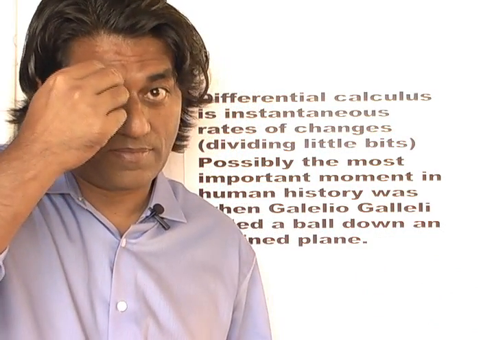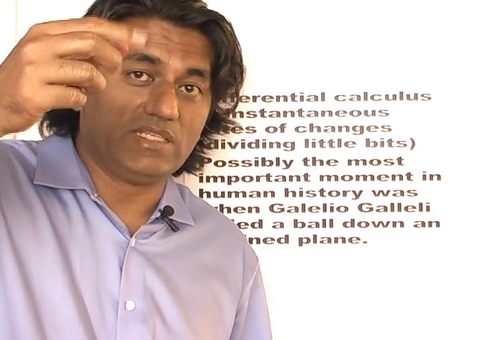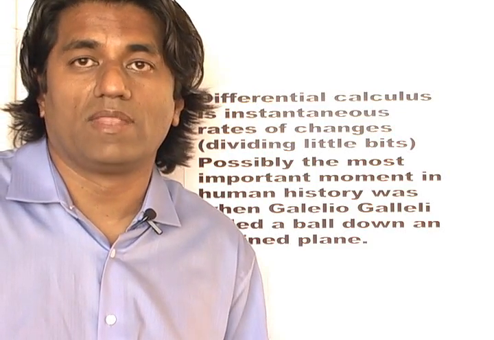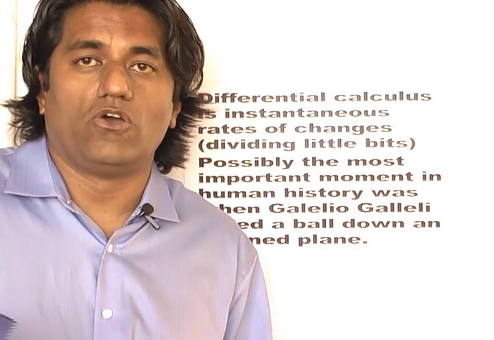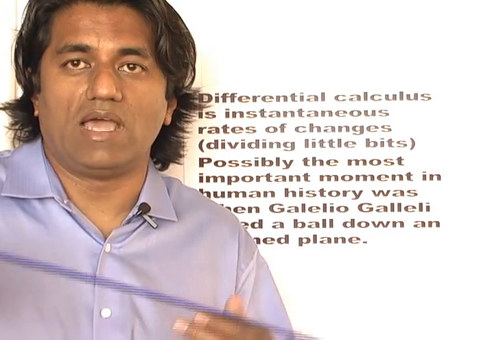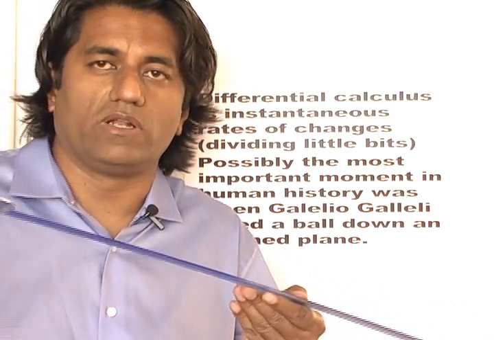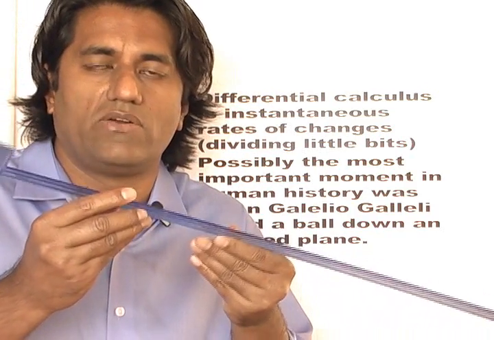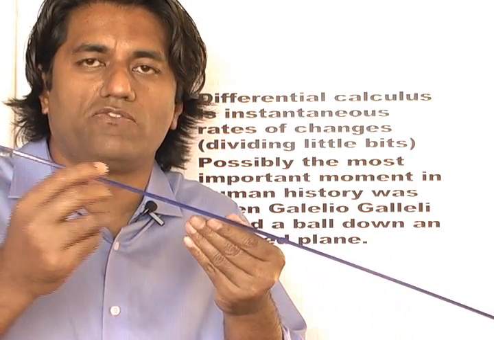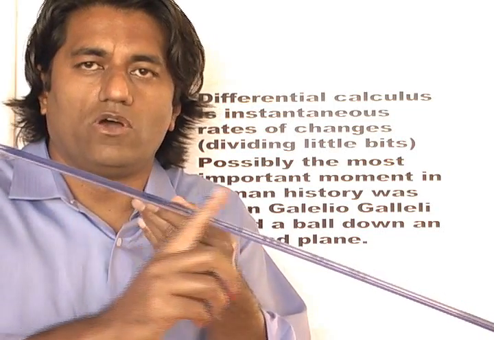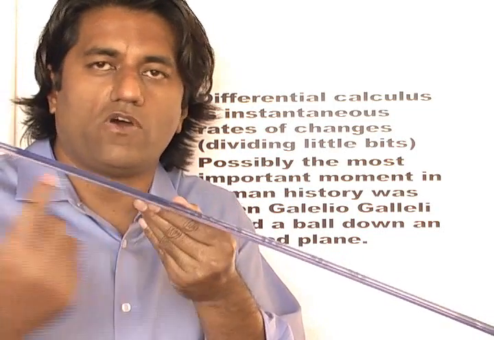Because when he just dropped the ball, it dropped too fast. He could not measure how fast it was dropping. So he thought of a way to slow it down, and he took an inclined plane and rolled the ball down it, so you could have at least a rough idea of how much time elapsed for different amounts of distance traveled.